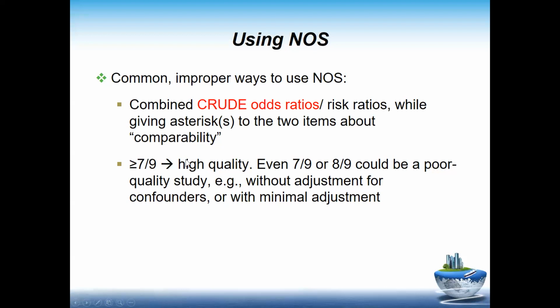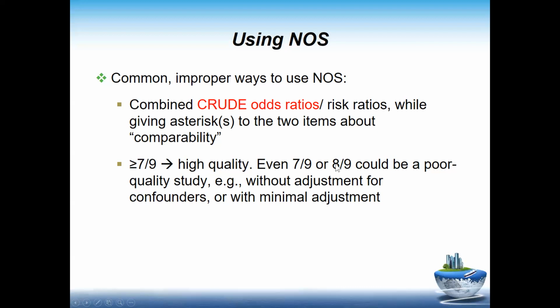Many people would define high quality as a score of 7 or above. The total score is 9, right? If a study gets 7, 8, or 9, then they will consider it high quality. But this is not always true. Even if a study gets 7 or 8, it could still be a poor quality study.